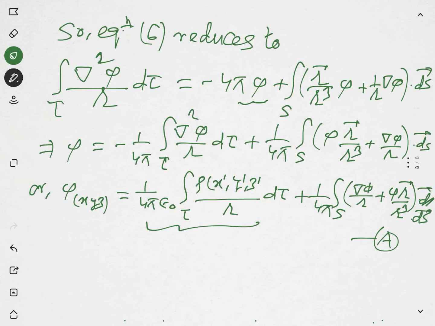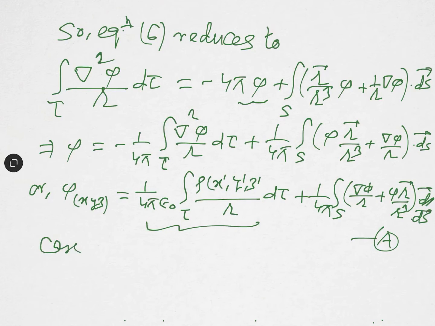And along with rho, if we also know the potential phi and its gradient at the boundary surface, then we can find the potential phi. Now actually in this condition there are two particular cases of interest. So now we will discuss the two cases.